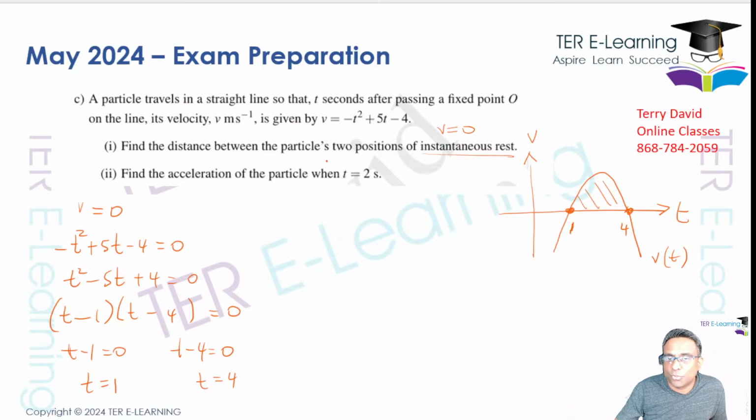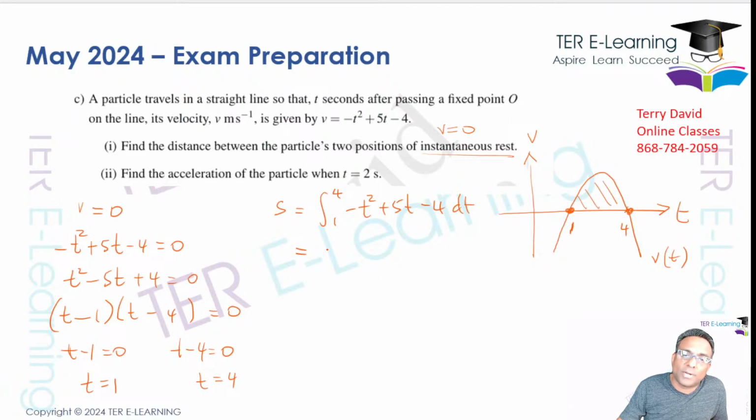If I want to work out the distance between those two times, let's call it s. When you integrate your velocity, you're going to get your displacement. So you're integrating between the limits of 4 and 1, minus t squared plus 5t minus 4 dt.